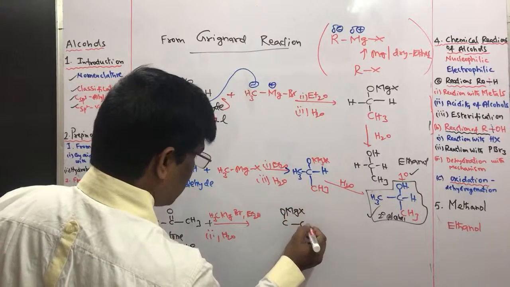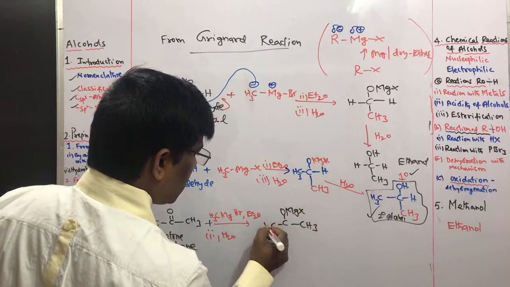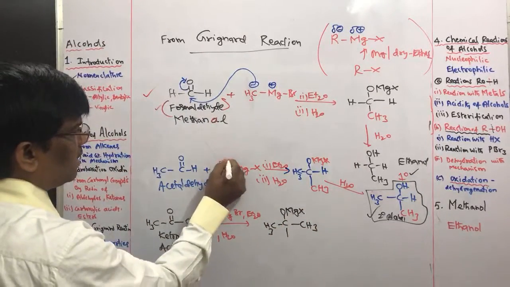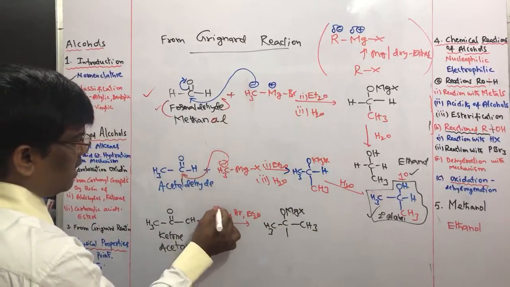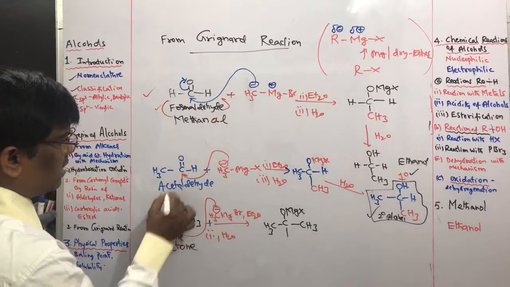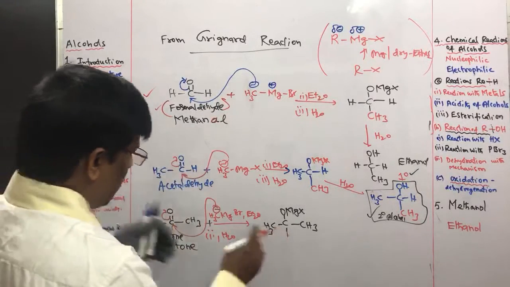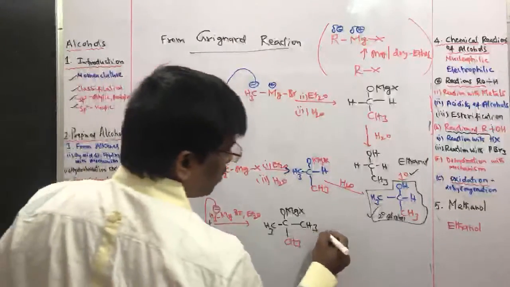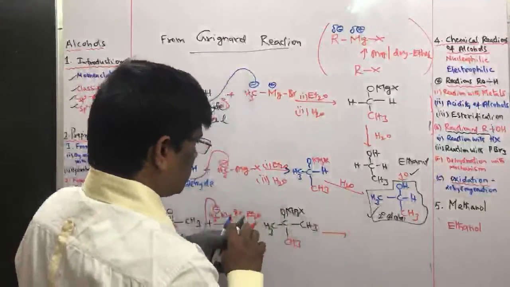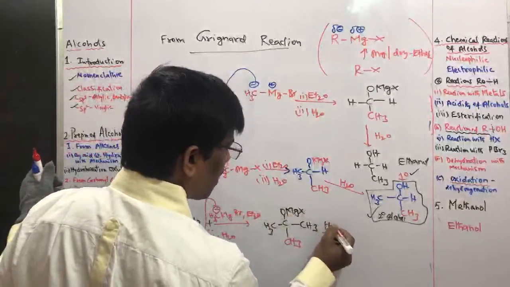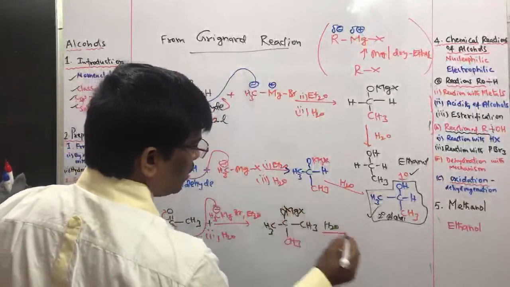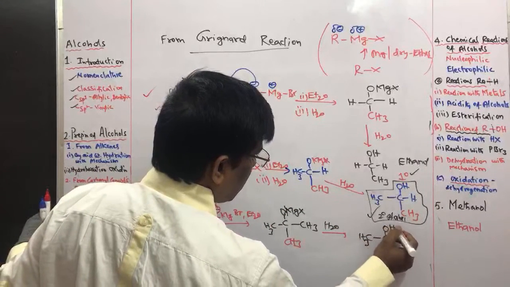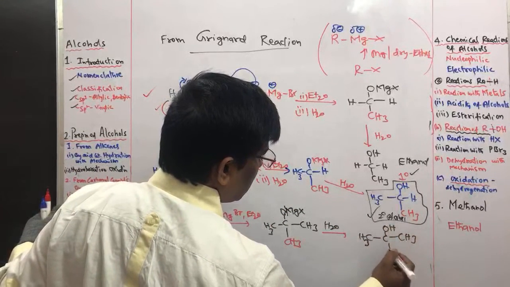OMgX, with this methyl already here and a newly added methyl here. This is the mechanism. It adds here, and upon hydrolysis this gives OH, CH3 and CH3.